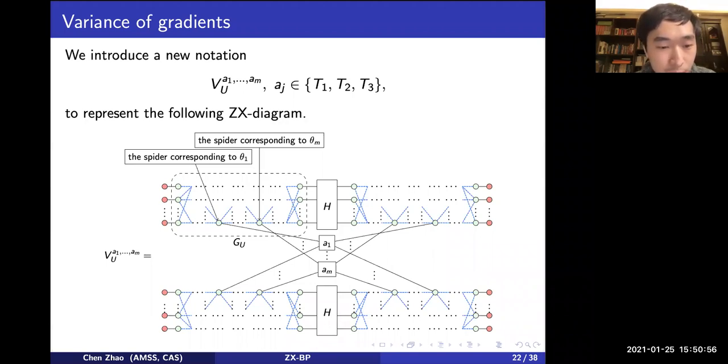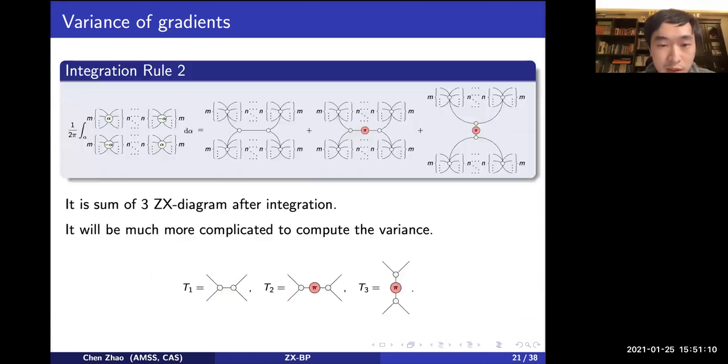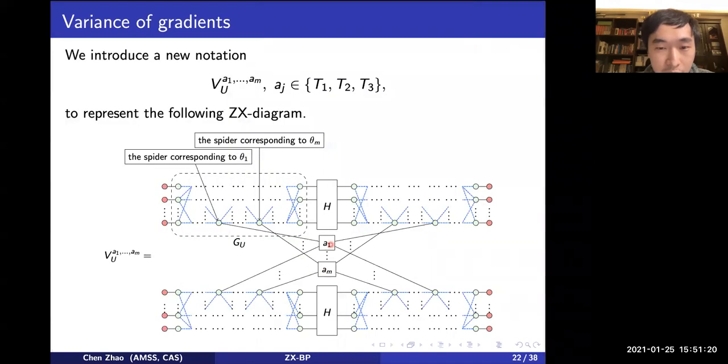And V(A1 to AM) means that we connect the spiders corresponding to theta j with Aj. Because here, after integration, there will be 3 terms, T1, T2, T3, and here we just record them.